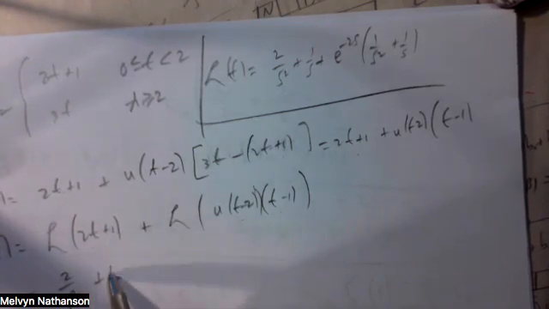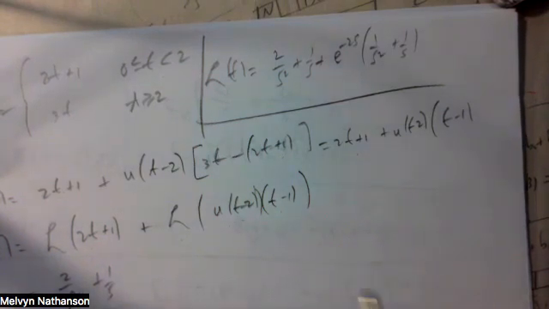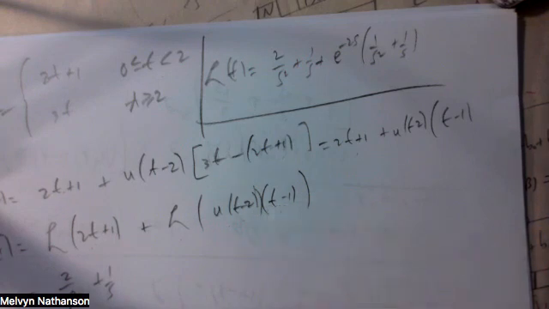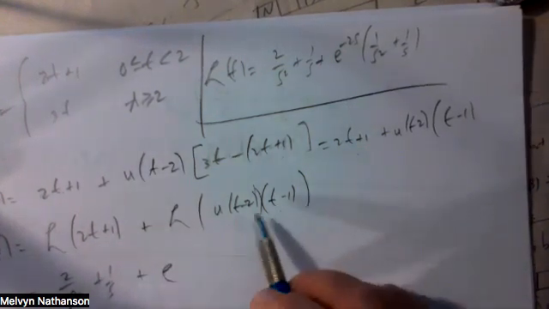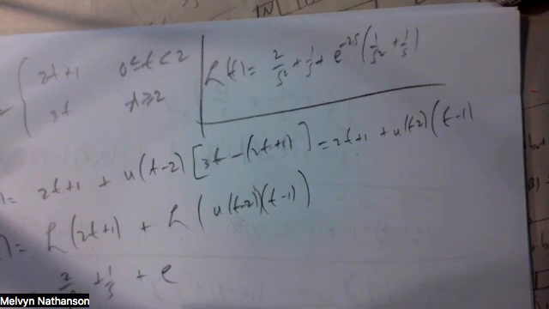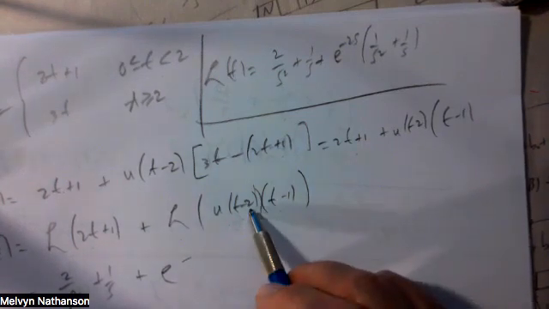The Laplace transform of 1 is 1 over s. What is the Laplace transform of u of t minus 2 times t minus 1? By the theorem, this is equal to e to the minus s times tau.